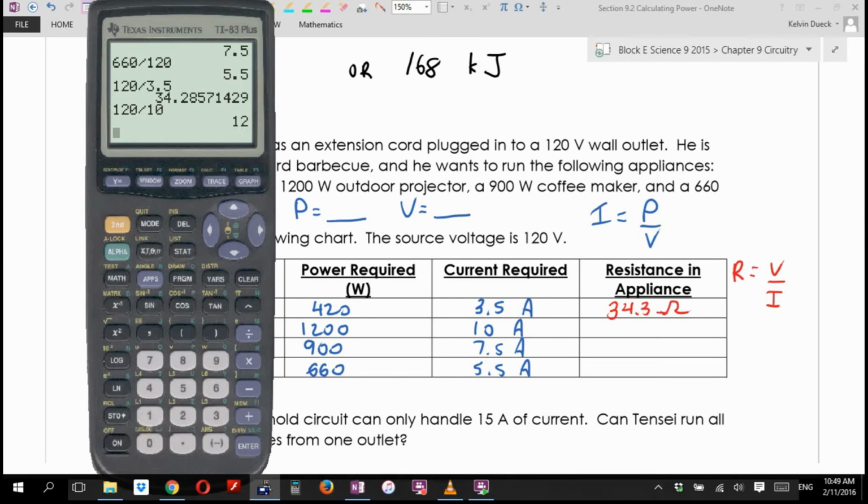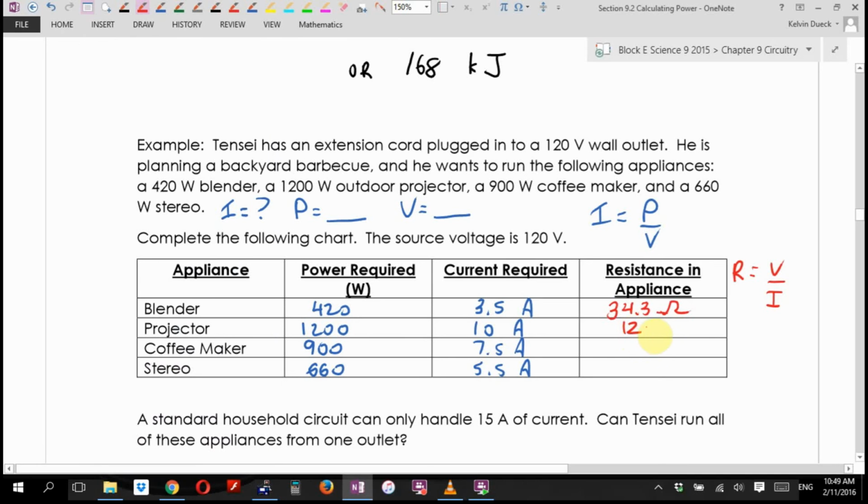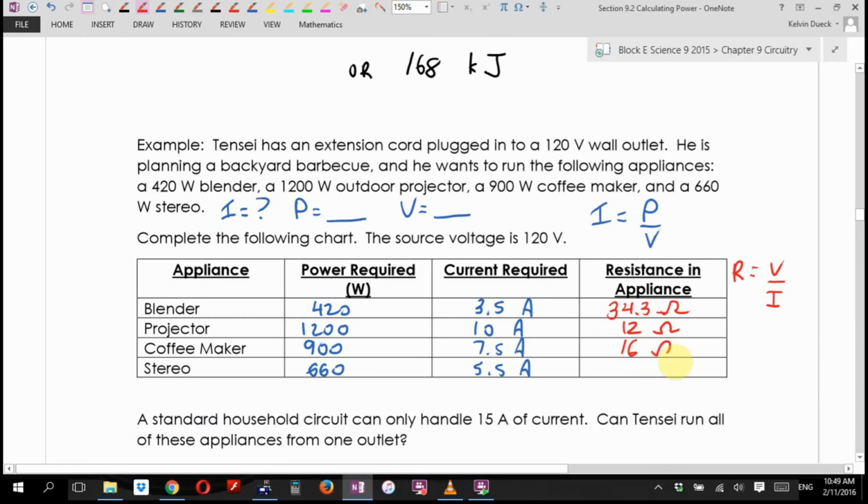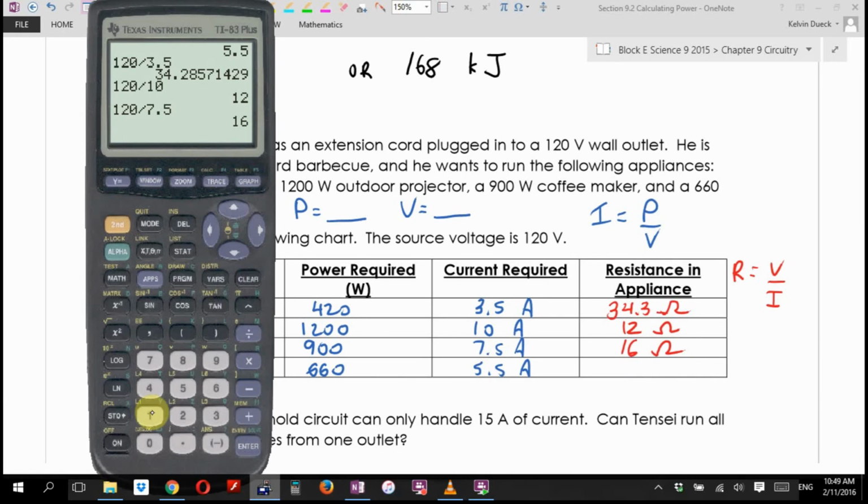That one I can do in my head. 120 divided by 7.5, 16 ohms. 120 divided by 5.5, I doubt this will work out evenly, 21.8 ohms.